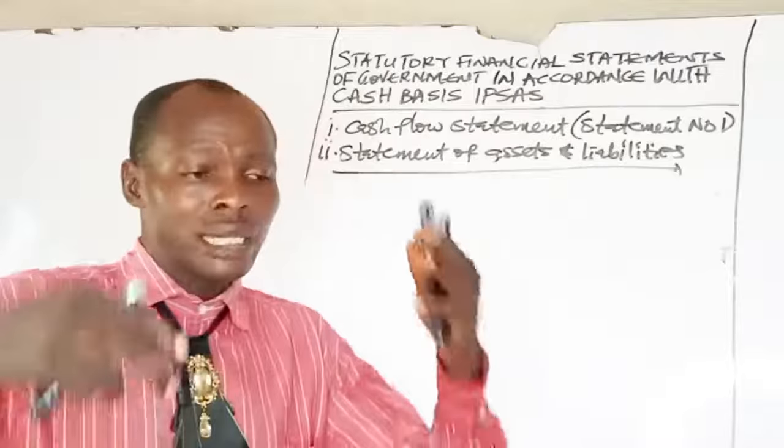Format of statement number 2. Statement of assets and liabilities as at December 31st, 2024.